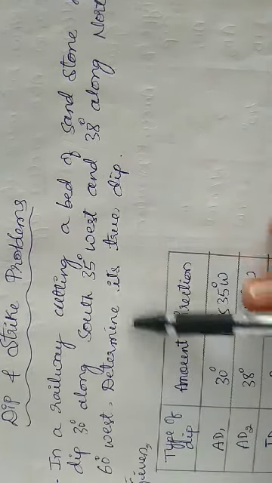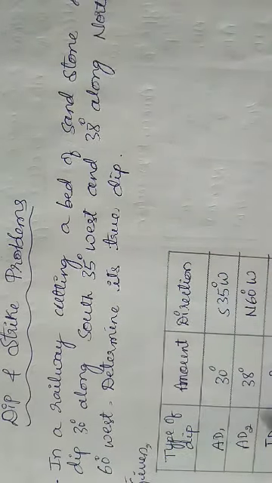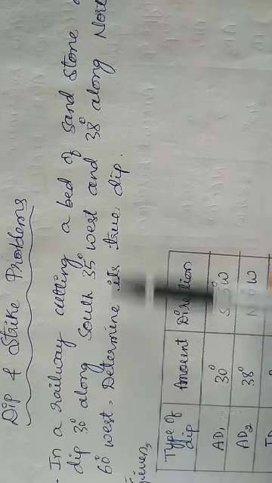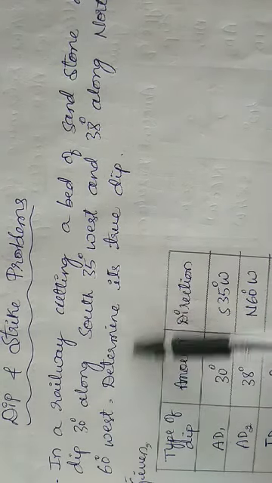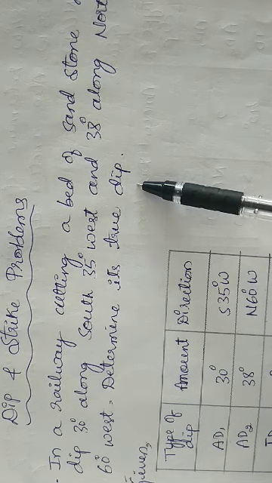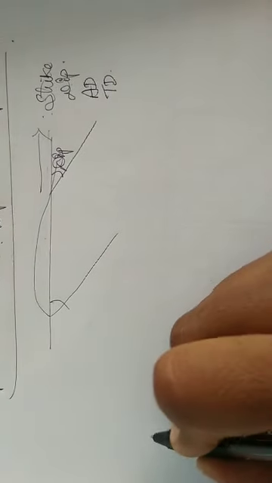As I have told you, here they have given you the amount of apparent dip as well as the direction, and they have asked us to find out the true dip amount as well as the direction. When this type of problems are given, first we need to write the data which is given.